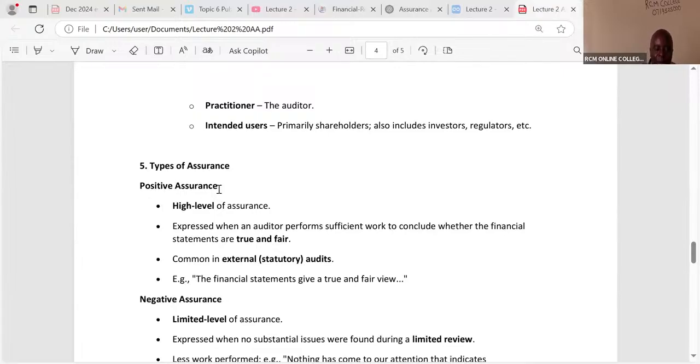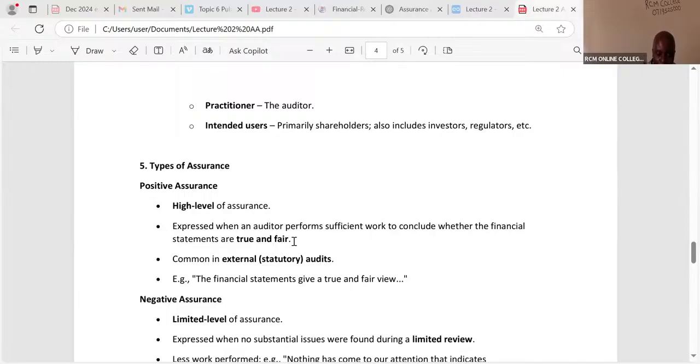So remember, positive assurance is a high level of assurance, not 100%, not absolute, but a high level of assurance expressed when an auditor performs sufficient work to conclude whether the financial statements are true and fair. When I'm able to collect sufficient, appropriate audit evidence, then I'll be able to give a high level assurance, which is positive.